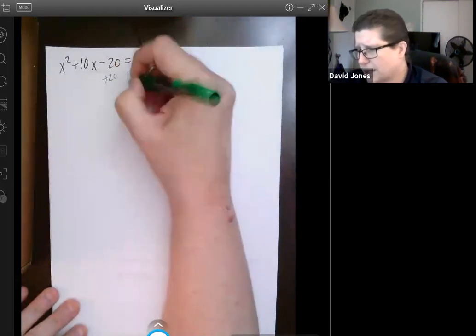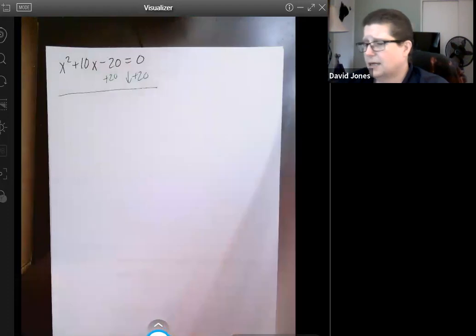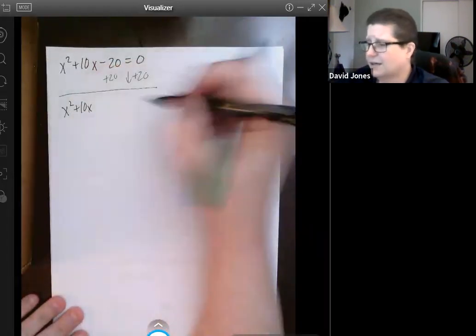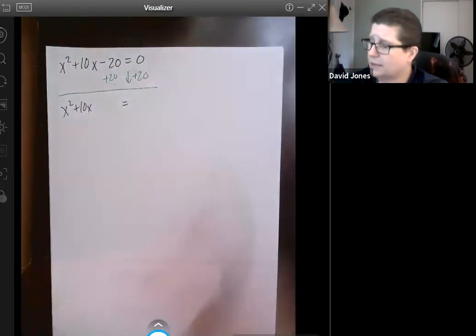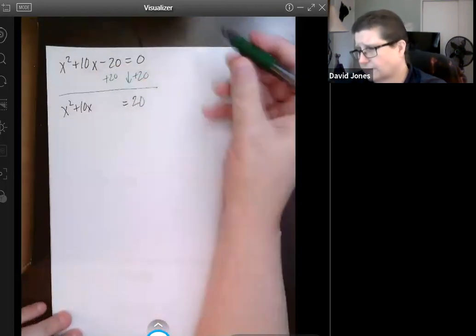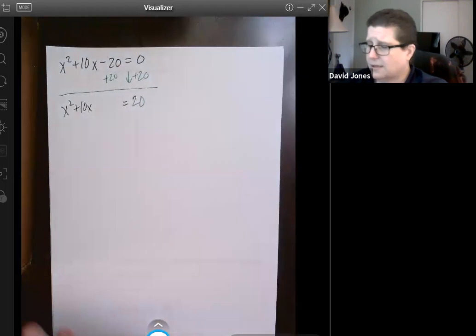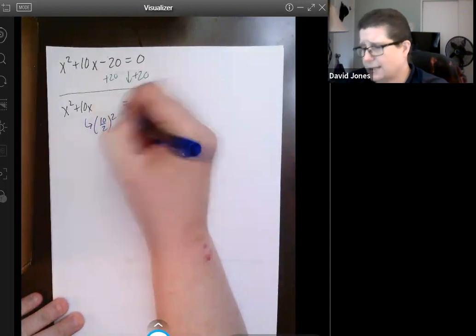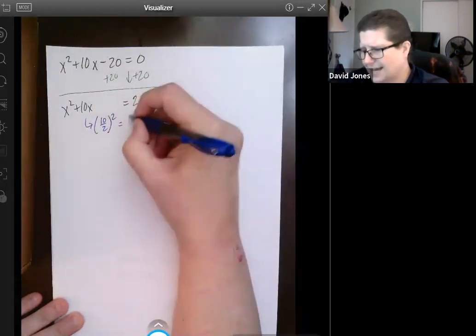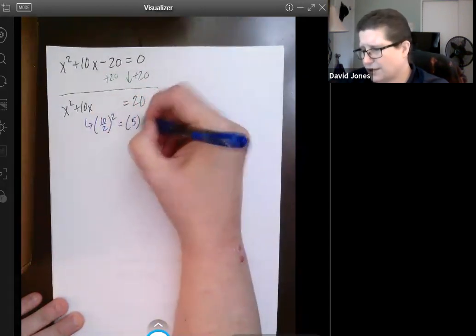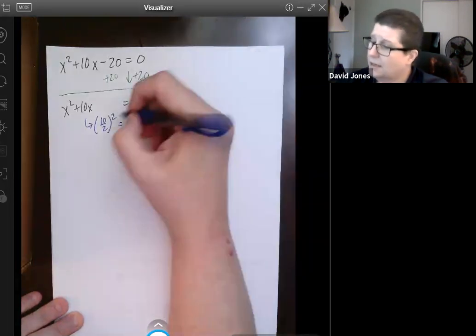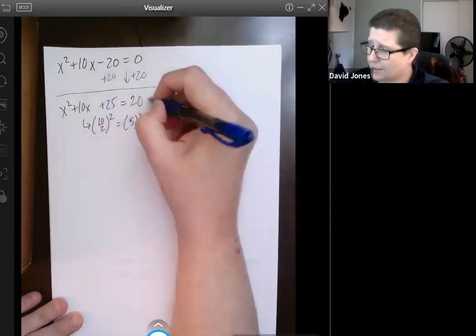We're going to add 20 to both sides, and I'll get x squared plus 10x on the left, and on the right side, I get 20. Then I'm going to take the 10, divide it by 2, and square it. That is 5 squared. And that's what I'll add to both sides, so plus 25 plus 25.